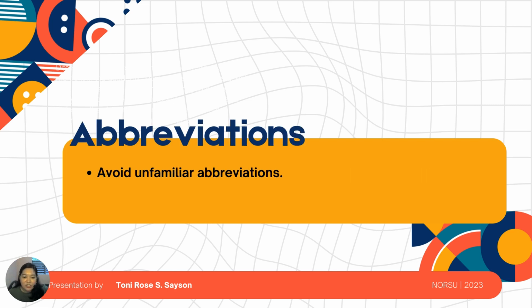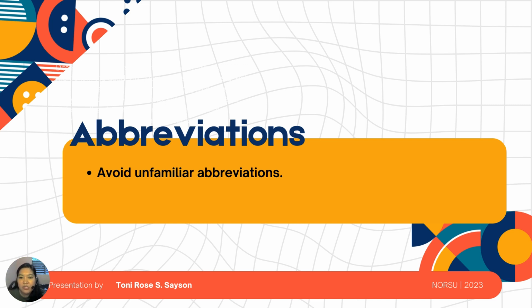Okay. Next is on abbreviations. You have to avoid unfamiliar abbreviations. Why is it important? Unless you are sure that your intended audience is familiar with them, it will be very difficult for your readers to understand, because the more new or unusual abbreviations your report contains, the harder it will be for the readers to remember what each of those abbreviations means.